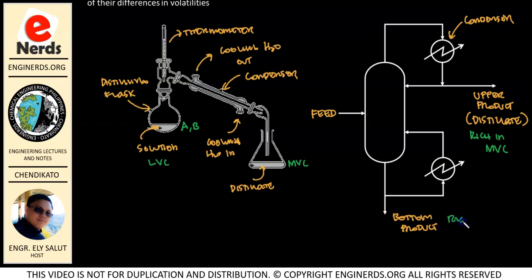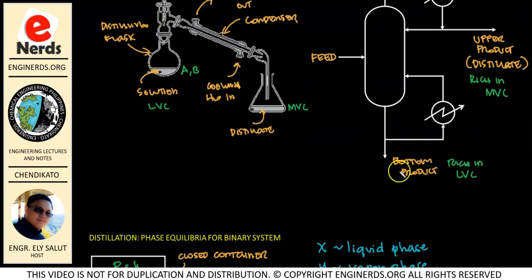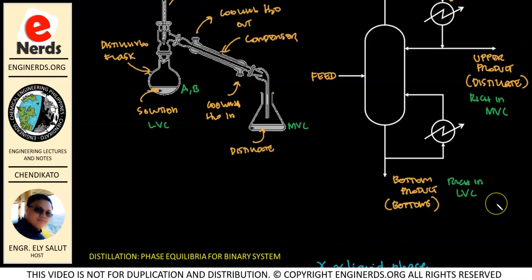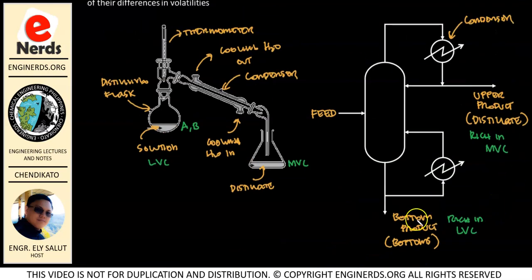Okay, so this is rich in LVC. So if our product is called the distillate, our bottom product is sometimes called as bottoms or residue. We also call that residue sometimes. So these are the components of our distillation diagram.